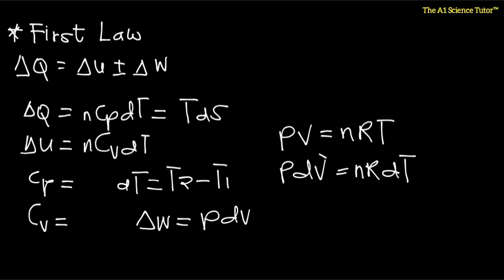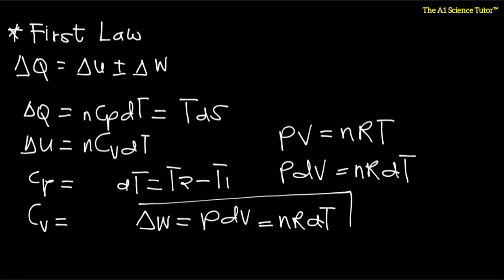So I could represent P dV as nR dT also. So let us write that here. This is basically an equation for the work done in a thermodynamic situation or for gases which are involved in heat.